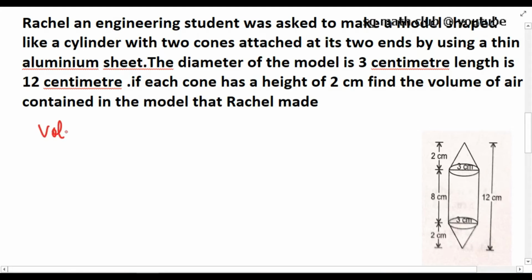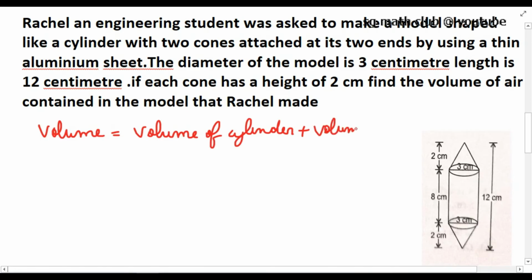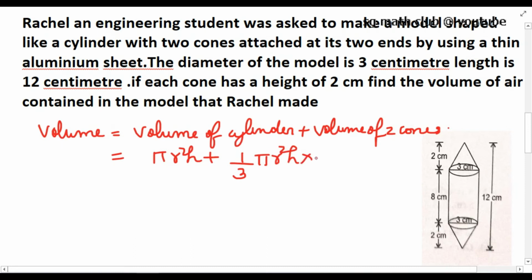So the volume of air contained in this model will be equal to the volume of the cylinder plus the volume of the two cones at both ends. We know the volume of a cylinder is pi r square h, and the volume of a cone is 1 by 3 into pi r square h. Since there are two cones, I am multiplying by 2.